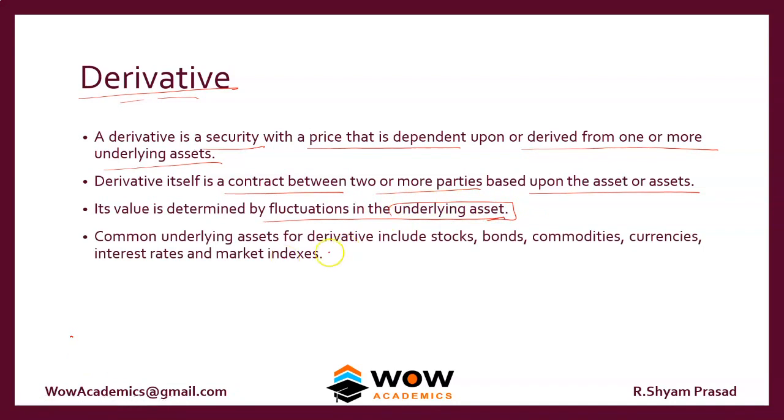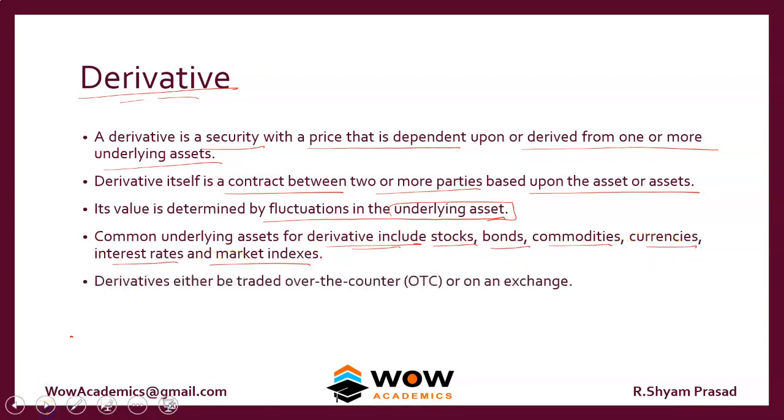Common underlying assets for the derivatives market include stock, bond, commodities, currencies, interest rate, and market indexes. A derivative can either be an over the counter instrument or an exchange traded instrument.